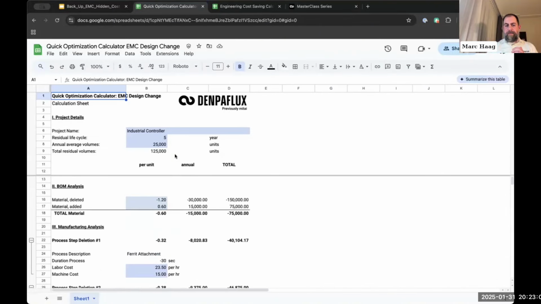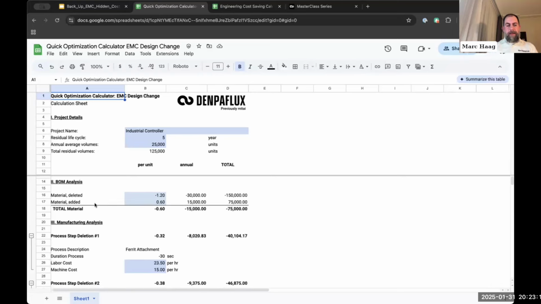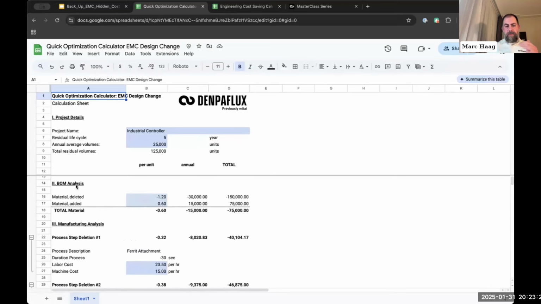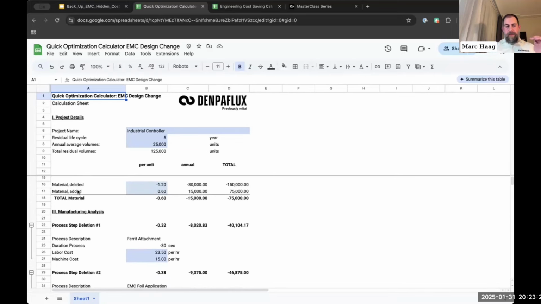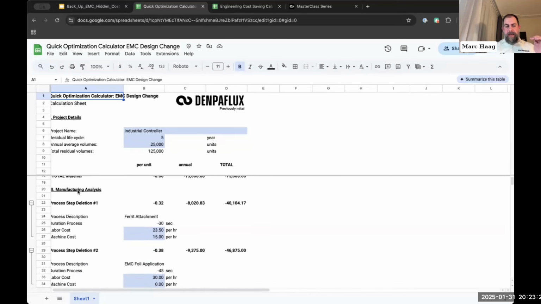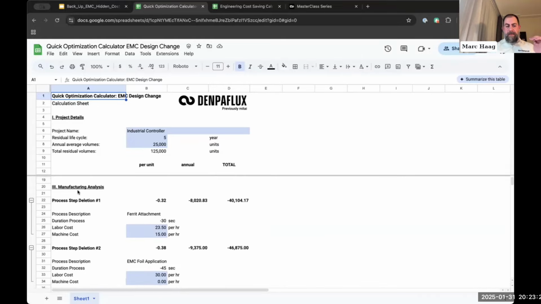So here we have an example where we're saying we have an industrial controller. It's still running for 5 years. We are producing 25,000 units per year. And we decided to show you what is going on with the BOM. You can then enter data about manufacturing analysis.